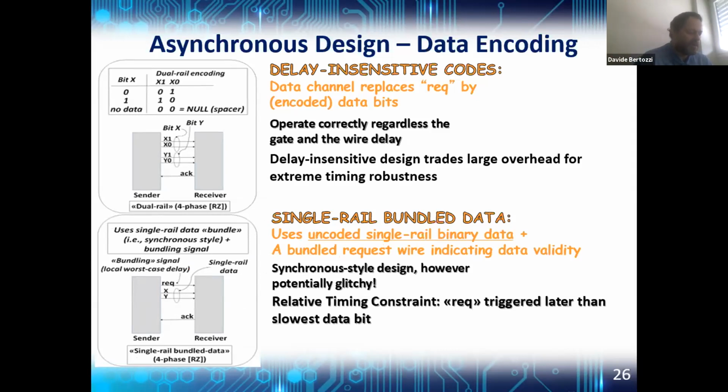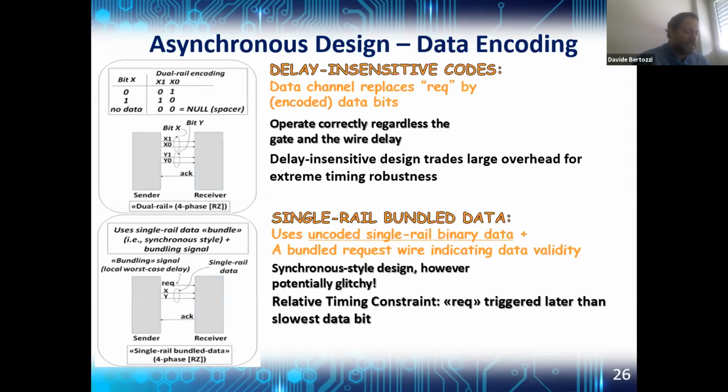The only difference is that an additional request signal is bundled with the data, and it serves as a local strobe at the receiver side when data is sent. And also there is another signal which is bundled, an acknowledgement signal, used for the handshaking protocol. This scheme has the advantage of allowing the use of synchronous style computation blocks.